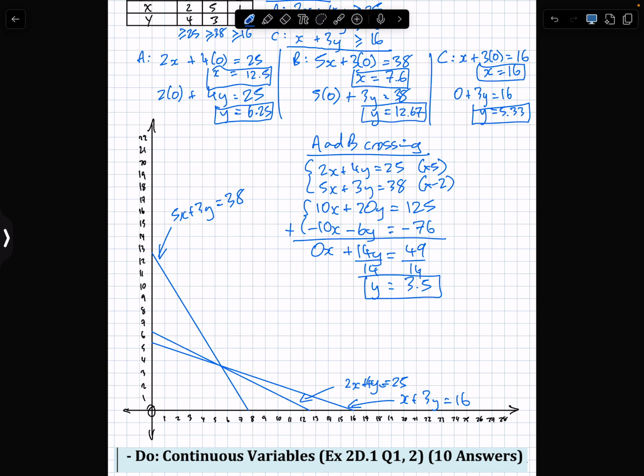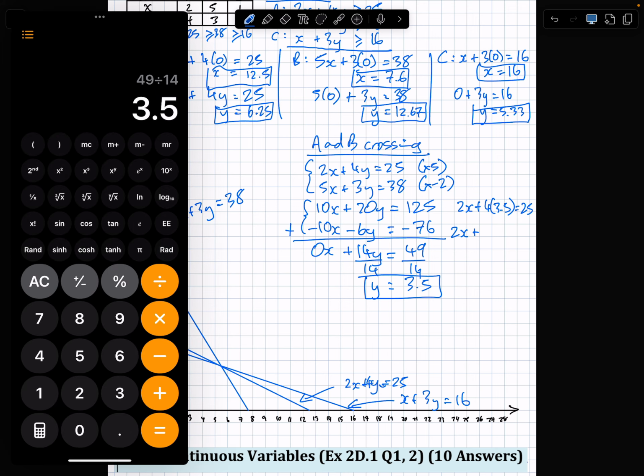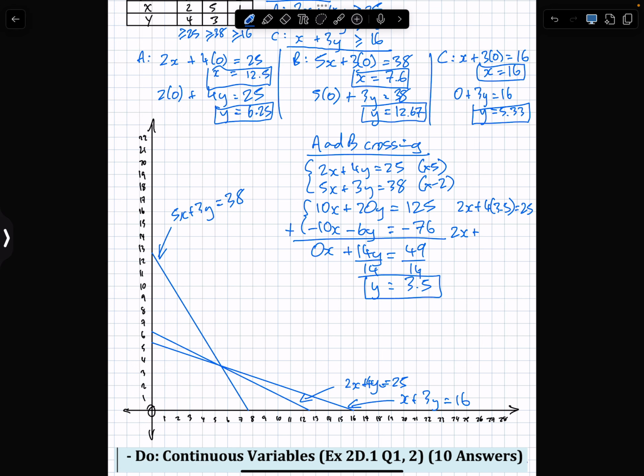Which is the easier looking equation out of this one or this one? The top one is smaller numbers. So 2x plus 4 lots of 3.5 equals 25. 2x plus, 4 times 3.5, 14 equals 25.